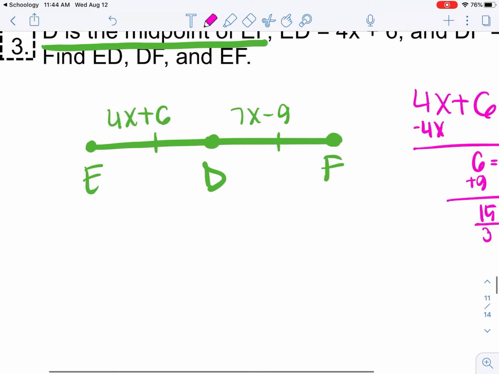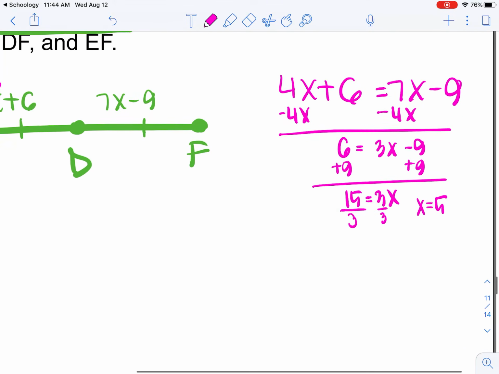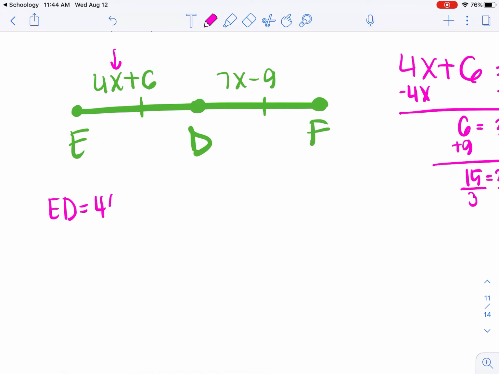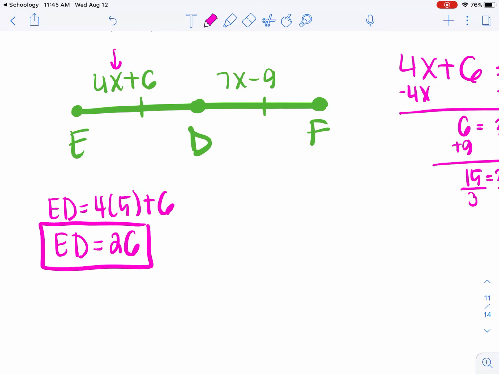So let's start with ED. I need to plug in 5 here. So 4 times 5 plus 6. So ED is 26. Next, I have DF. Now, there's always someone that says, well, isn't it 26 also?